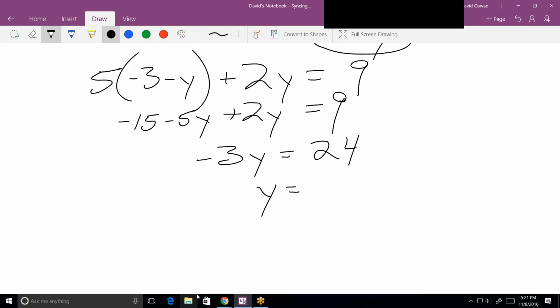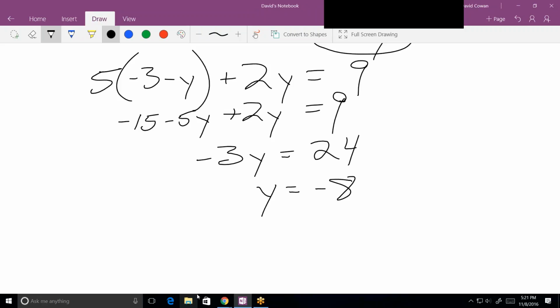Y equals negative... when you know the answer is a whole number, 8. Negative 8. You've always had trouble with that one. 3 times 8. Every time that's ever popped up on A Plus Math, it takes you a little bit longer to do it.